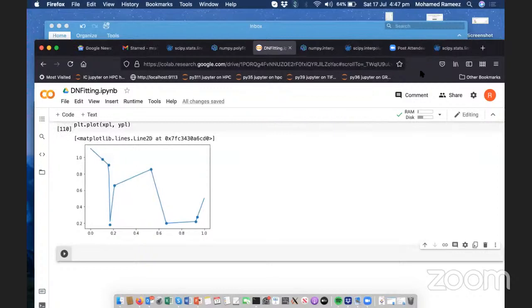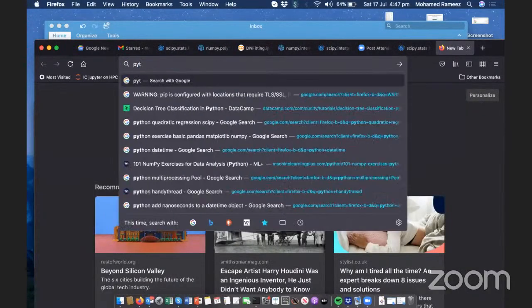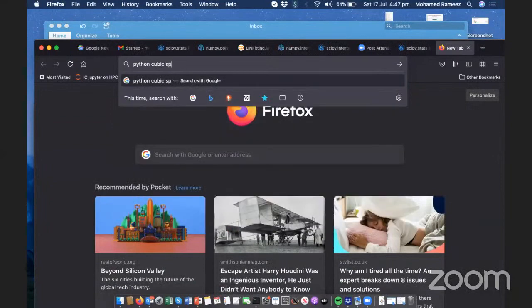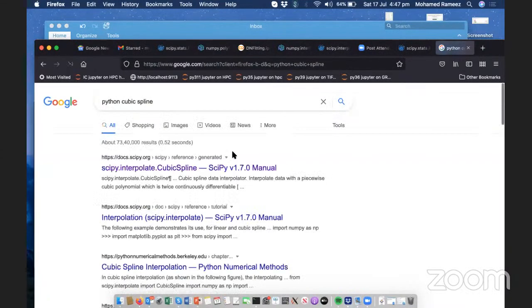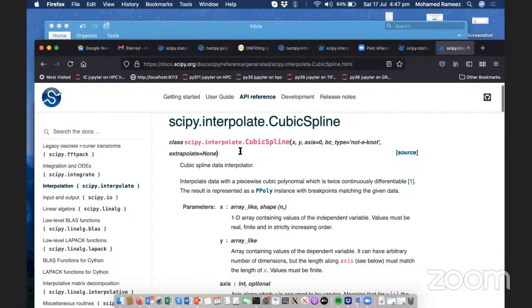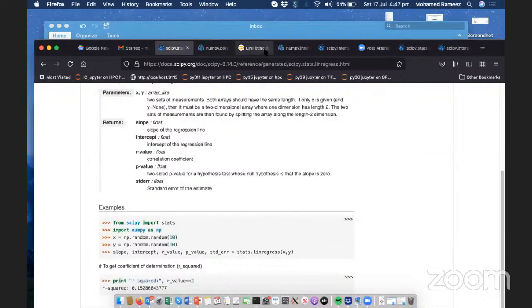I will now teach you a better way to interpolate data called a spline. So let us do this with spline. Yeah. So scipy.interpolate also has an object called CubicSpline. So let me show you what that does.